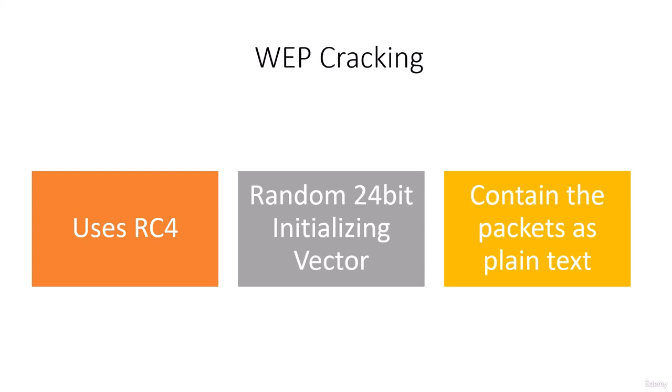So in a busy network, a very large number of packets are sent into the air. This means the possibilities of unique IVs will be exhausted, and we will have two packets that have the same initialization vector.